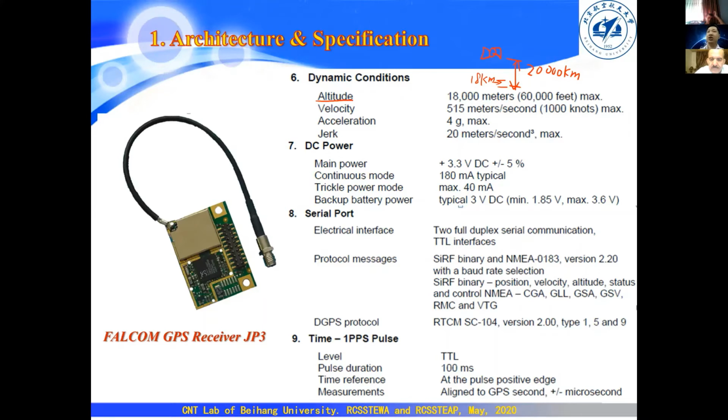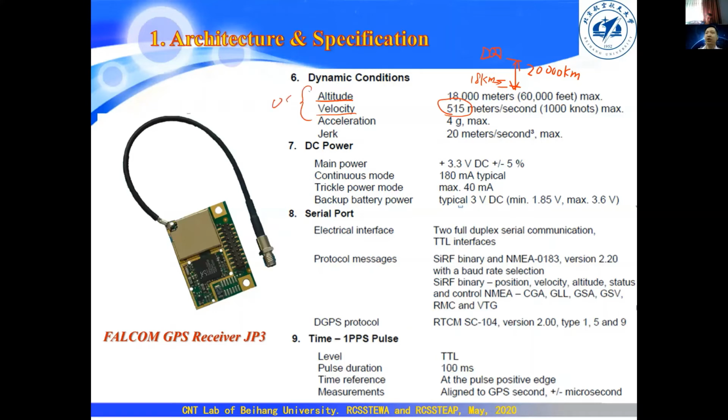If you buy a chip from the United States, commonly you will get a limitation of the maximum height you can use, as well as the maximum velocity. This one, 515 meters per second, is the maximum velocity you can use. These two are regulations coming from the US.